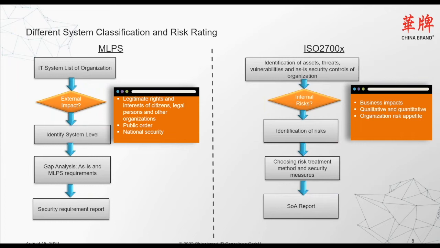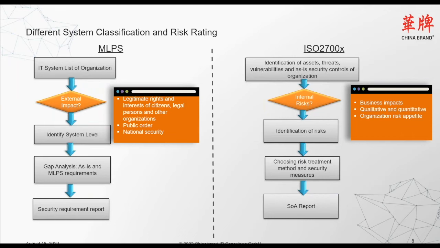This does not mean that this will not include external factors. Most companies, of course, will also consider what damage would be done if, for example, personal data of their clients is leaked and so on. But there is no purely external way to assess the risks.